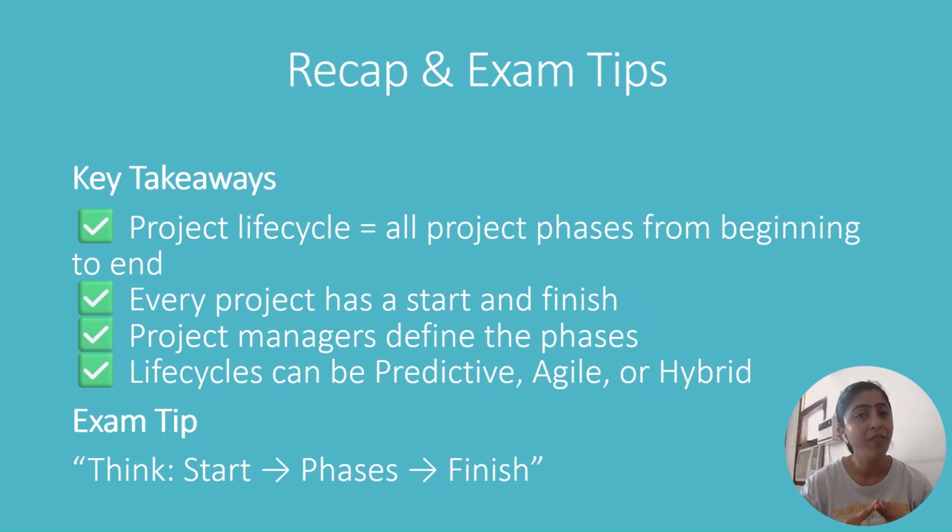And a life cycle can be predictive, hybrid, or agile. It's just like using different building styles. And one exam tip is whenever you see a life cycle, think of it as building a house. It will have a start, there will be phases in the middle, and then there will be a finish.